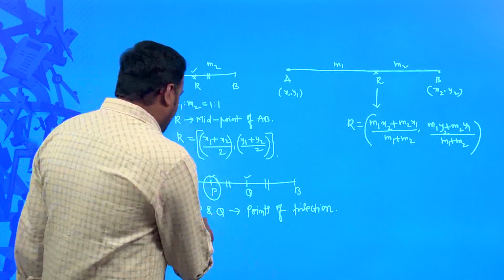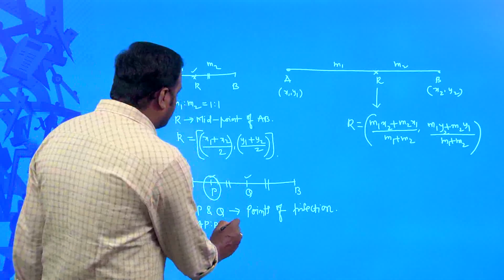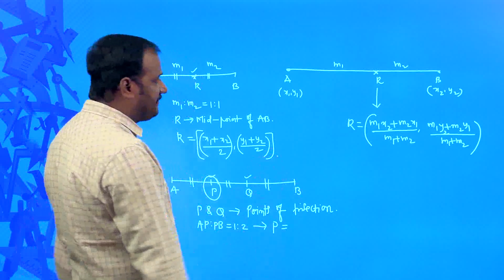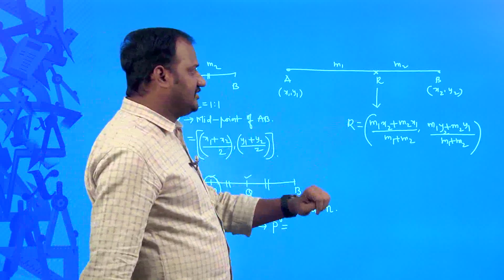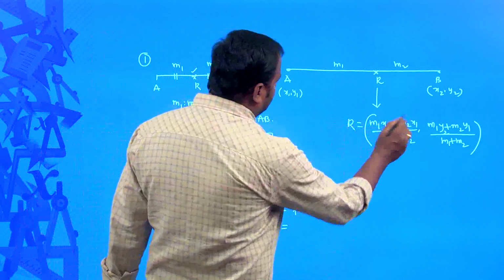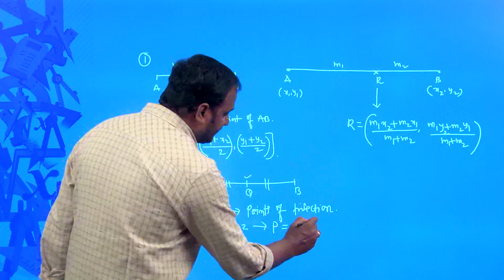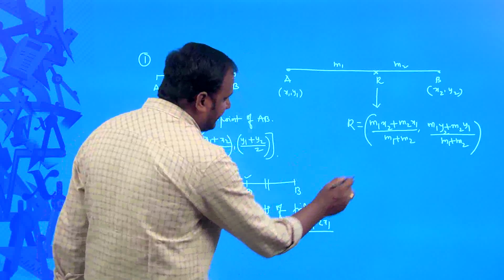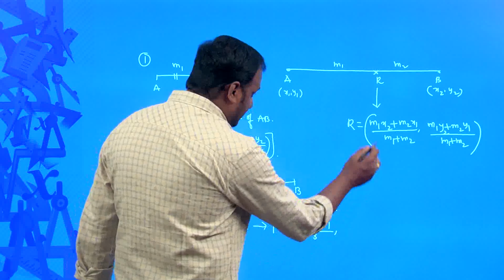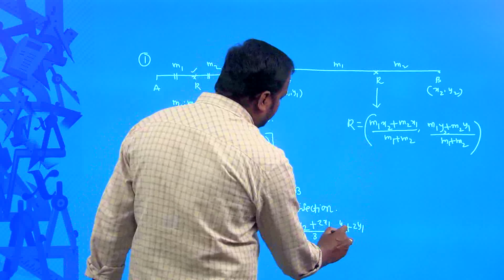So, then for P, in the sense AP is to PB is equal to 1:2, if we substitute 1 in the place of m1 and 2 in the place of m2, then it is going to be 1x2 plus 2x1. 1x2 plus 2x1 means what? (x2 plus 2x1) divided by (m1 plus m2), that is 1 plus 2 is equal to 3. Similarly, the next one is (y2 plus 2y1) divided by 3.